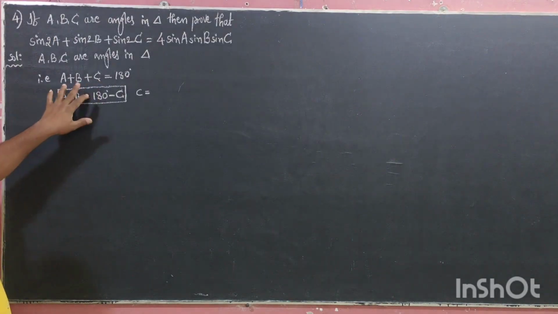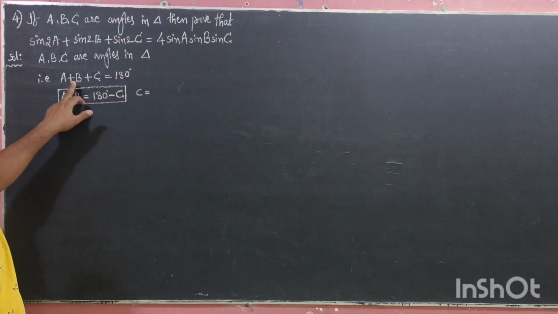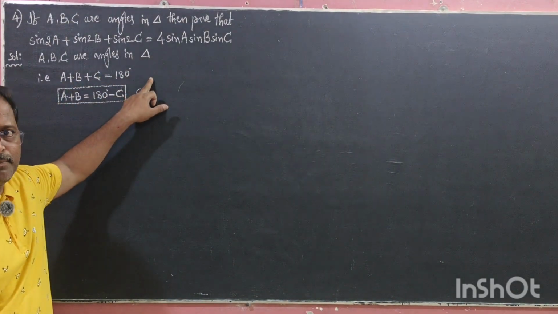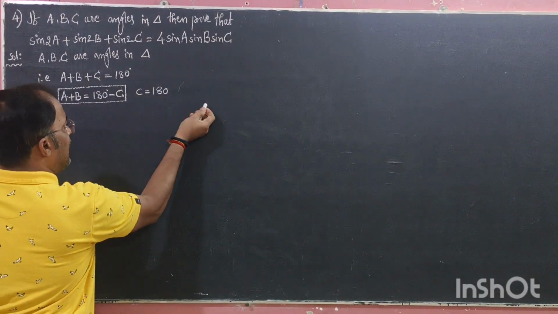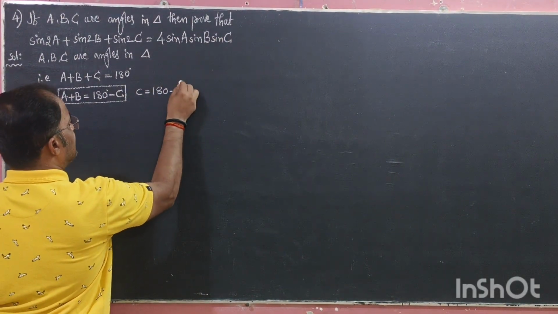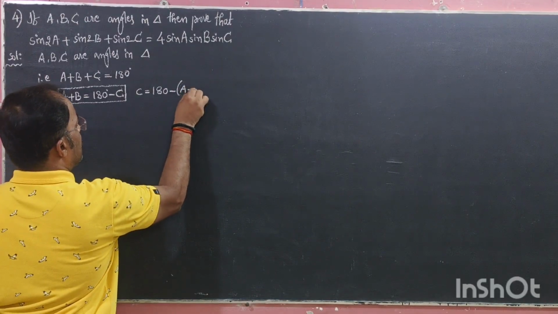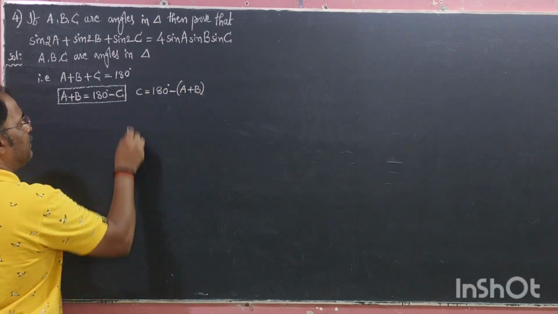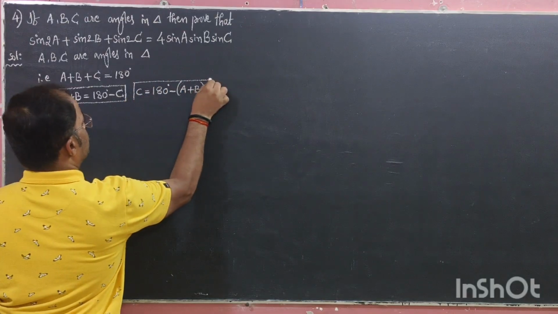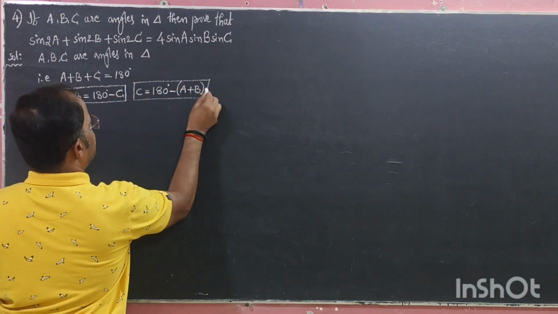And for capital C, plus A becomes minus A to the right side, plus B becomes minus B, meaning C equals 180 minus A minus B. Minus is common, so it is 180 degrees minus of A plus B. So this is the capital C value.